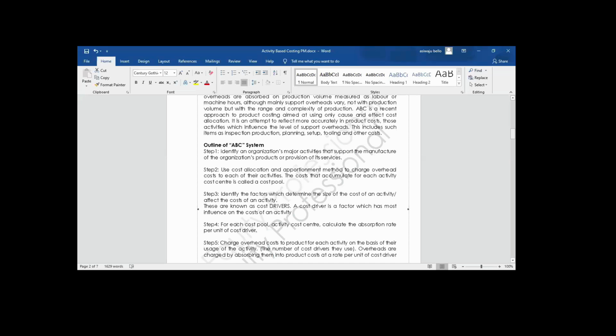Charge overhead cost to the different products using your calculated cost driver rates. These are the 5 steps involved when you are dealing with activity-based costing.